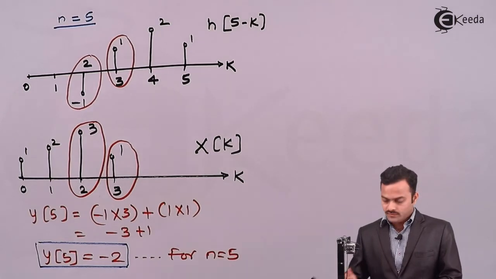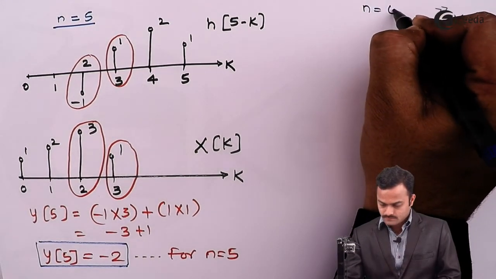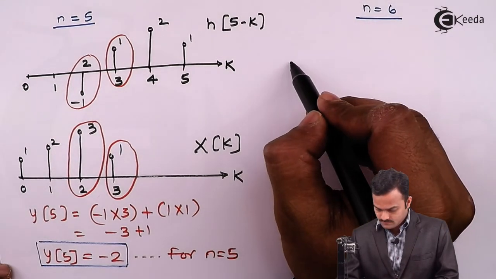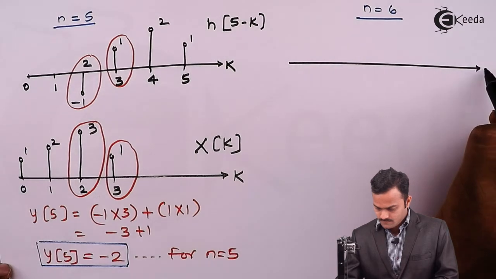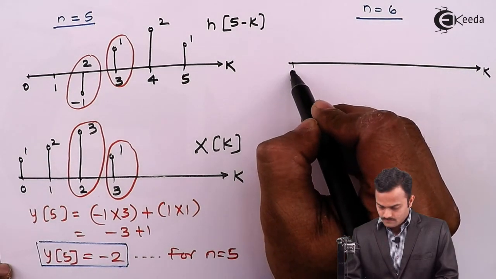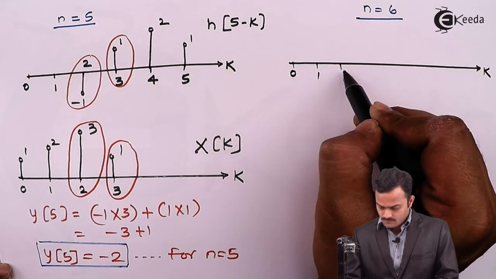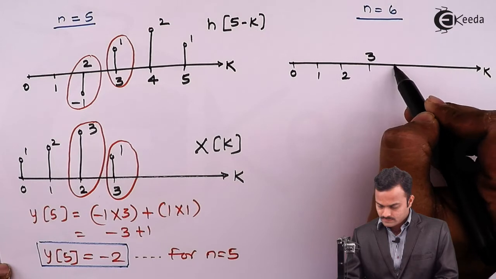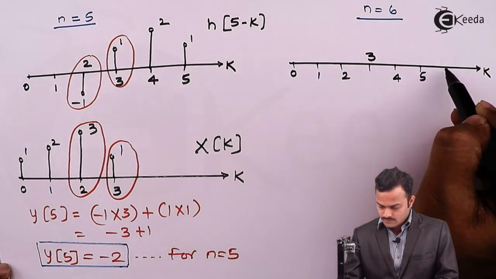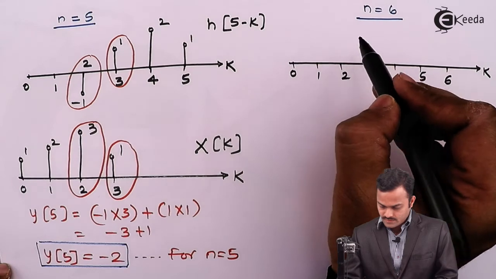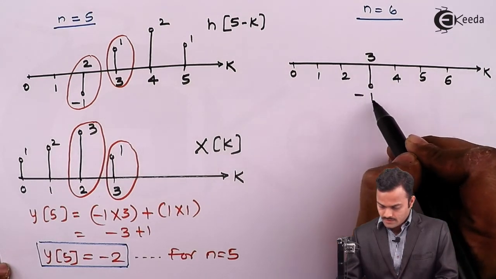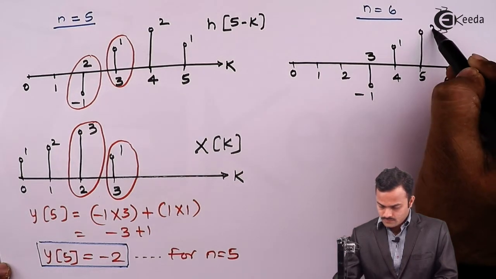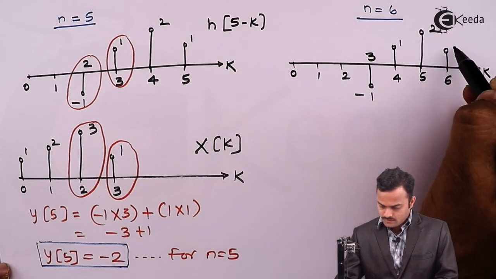n equal to 6 will be like this. The span of the waveform will be from 3 to 6. Values are -1, 1, 2 and 1.